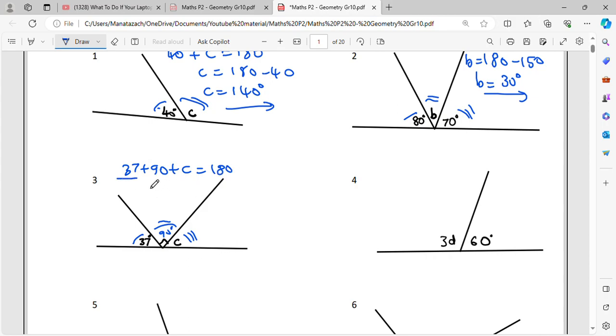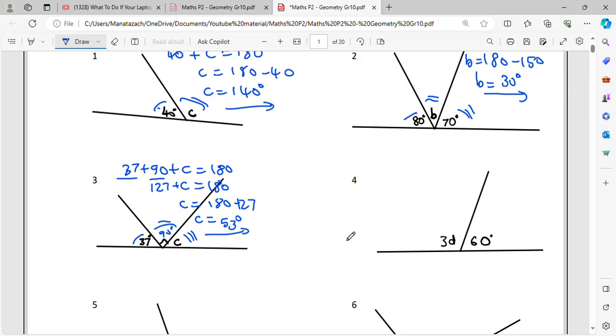So 37 plus 90 is 127. Then from here on it should be pretty much easy. So C is 53 degrees.